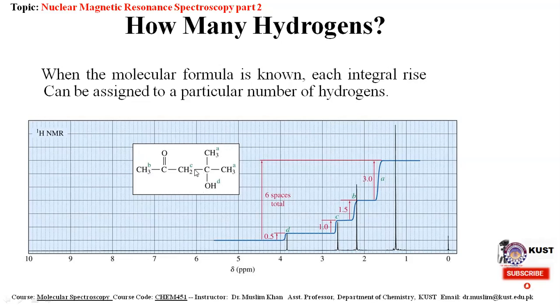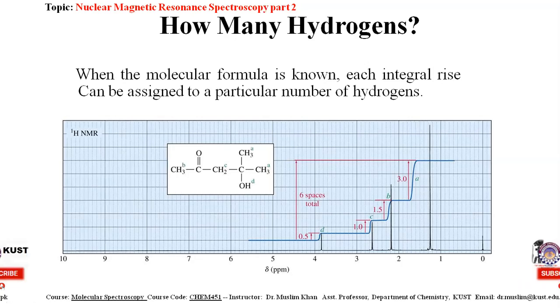Then this is attached to another 2 carbon atoms, but one carbon atom is attached to an oxygen atom, another one to a methyl and oxygen atom. So this is C, these are 2 protons, while D is another one which is attached directly to an oxygen atom, more shifted towards downfield. So this is how you interpret NMR spectra.